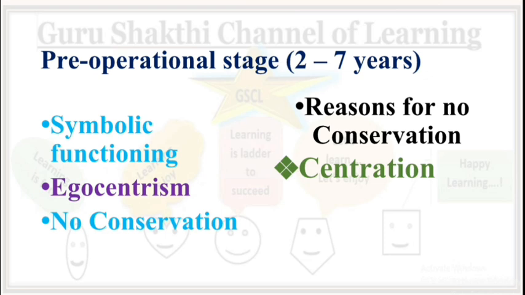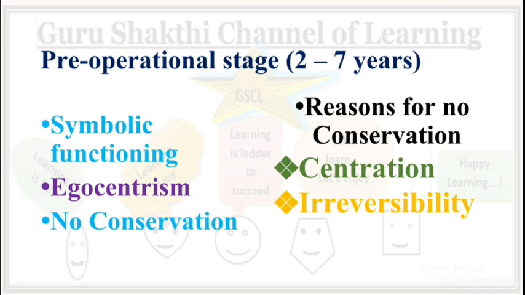Another reason for no conservation: irreversibility. Children cannot mentally reverse the action and think about the previous state of the object.